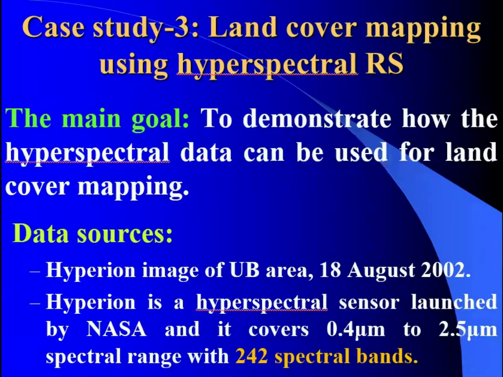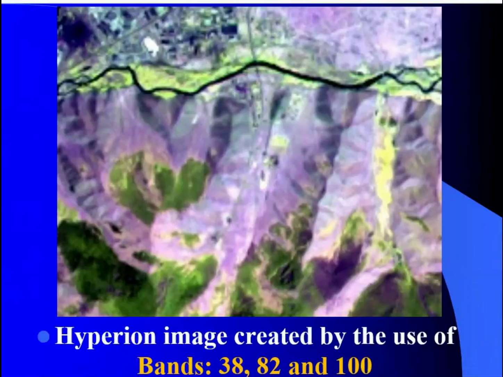And here you can see the Hyperion image created by the use of visible, near-infrared, and middle-infrared bands of the Hyperion. And this is the southern part of Ulaanbaatar city, where we have, well, usually in Mongolia we call it Ulturing or just industrial area.